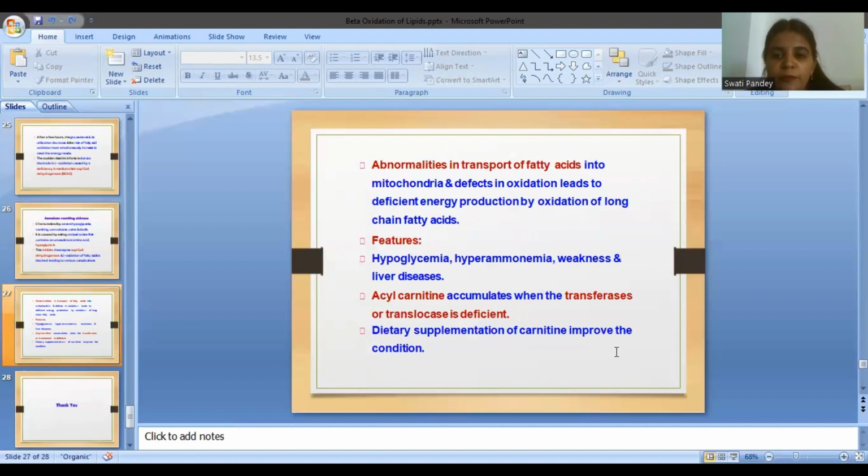Abnormalities in the transport of fatty acids into the mitochondria and defects in oxidation lead to deficient energy production from the oxidation of long chain fatty acids. For example, hypoglycemia, hyperammonemia, weakness, and liver diseases. The acyl carnitine accumulates when the transferase or the translocase is deficient. Dietary consumption of carnitine can improve these conditions.